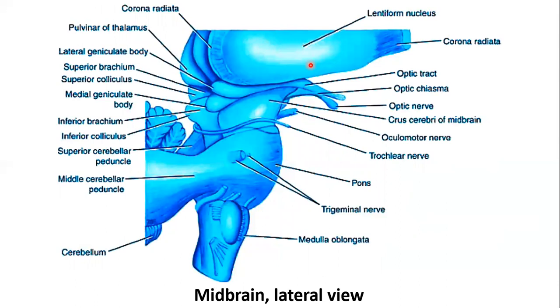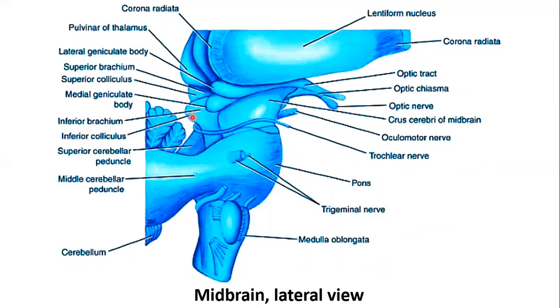So this is the lateral view. What I want to show you here and discuss is very important, right? This is the pons, this is the medulla, and this is the structures of the midbrain. What I want to highlight is the inferior colliculus. Then a structure, the inferior brachium.